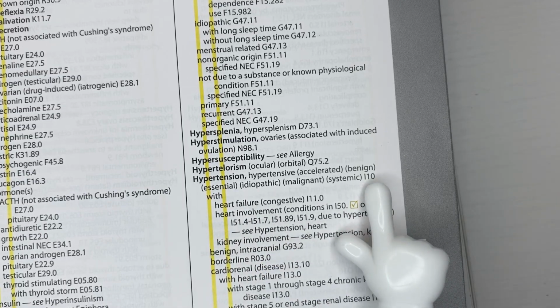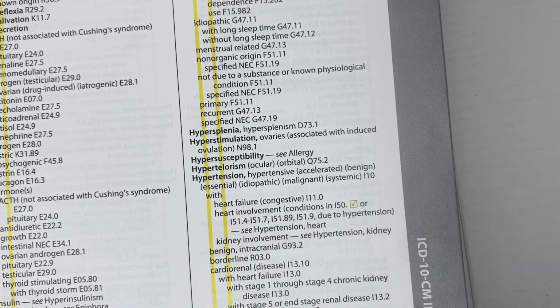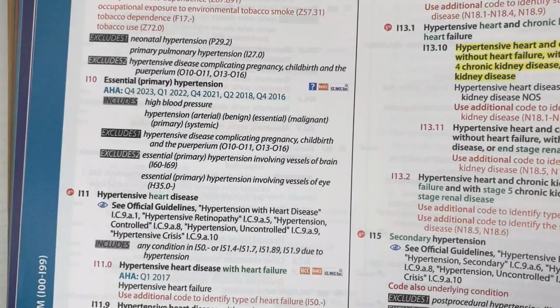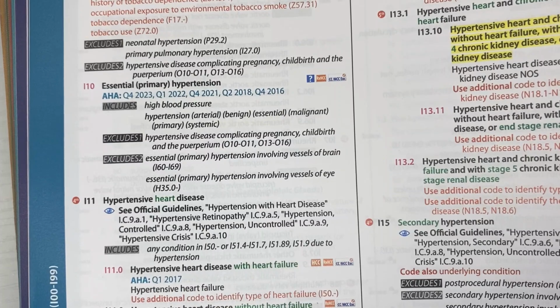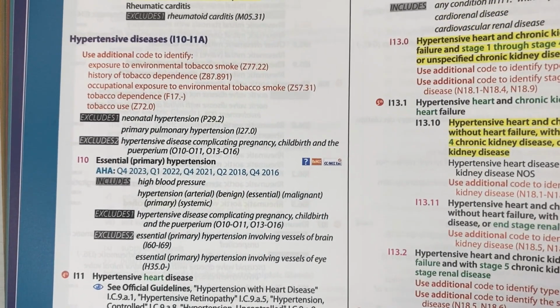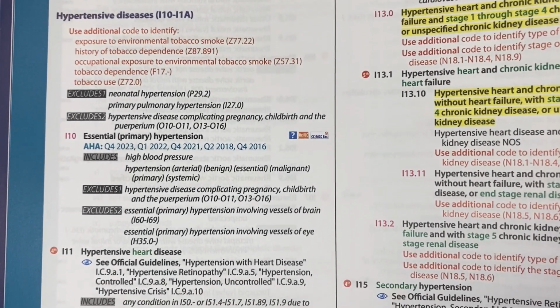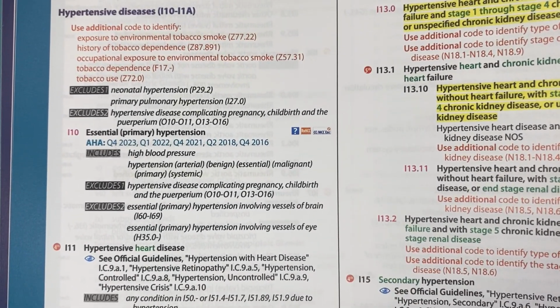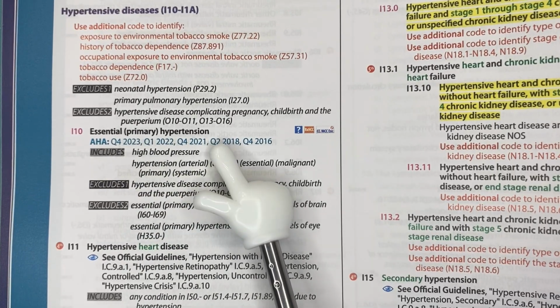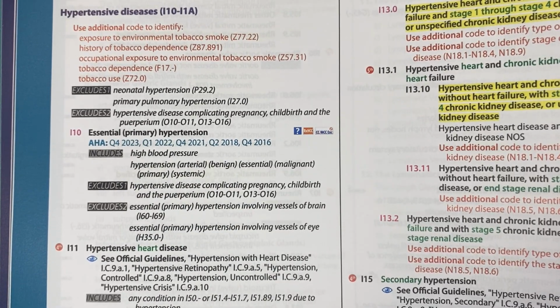So we're going to take this I10 to the tabular. Now that we're in the tabular, we're going to look for our code, which is I10. We're going to make sure we read any additional notations that may be important to us. But in this case, it's pretty straightforward. So the I10 is for essential primary hypertension. So that's going to be our ICD-10 diagnosis code.